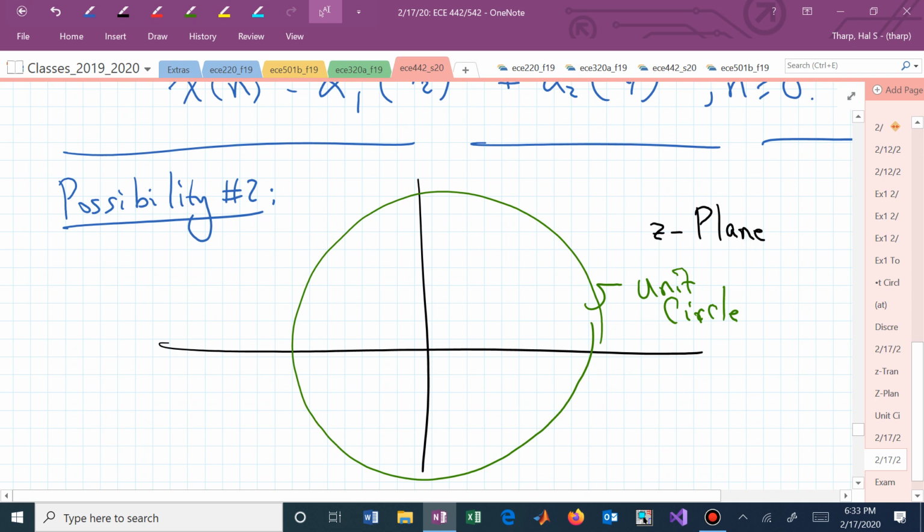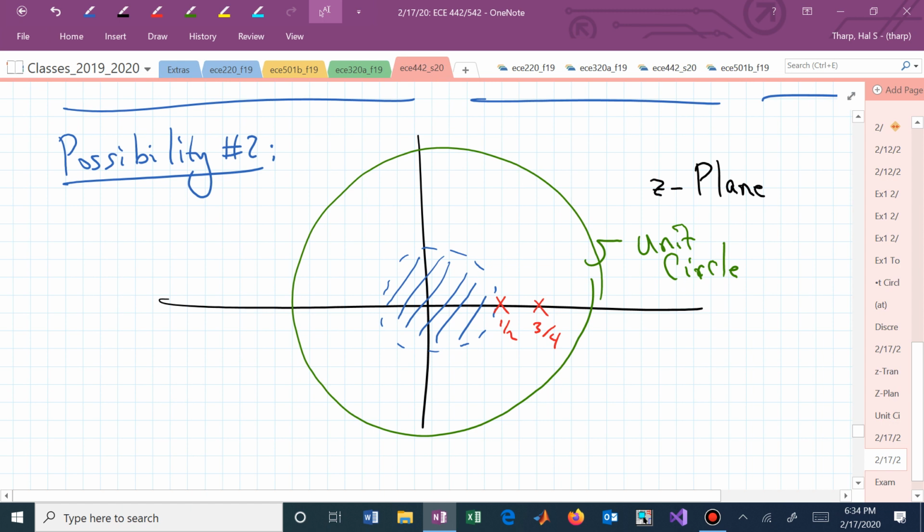What do we have? We had poles at 1/2 and 3/4. We said we weren't going to change those. The next possibility, let's just make it, and I know you're already complaining at my non-symmetric drawing, but you can make yours much better.